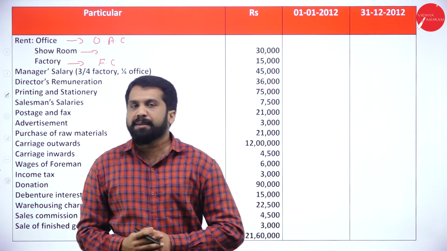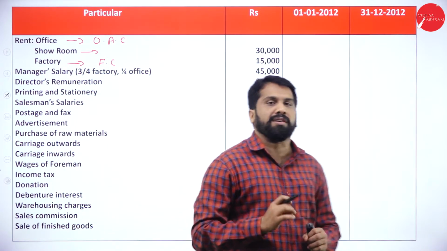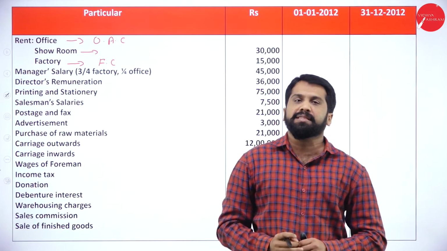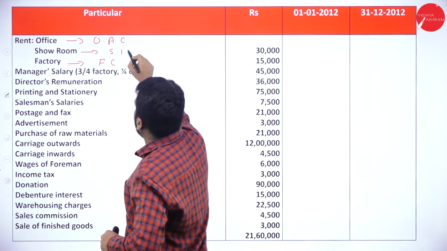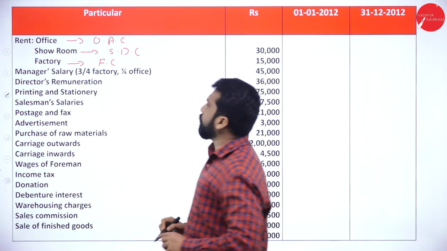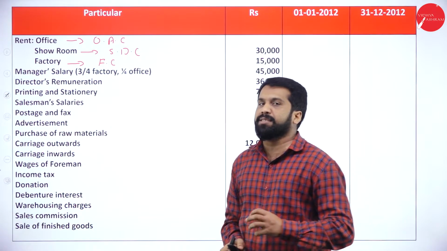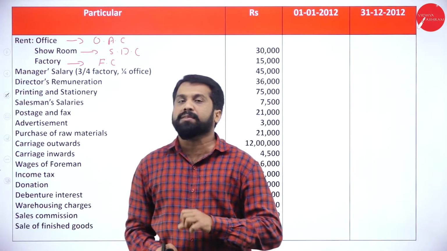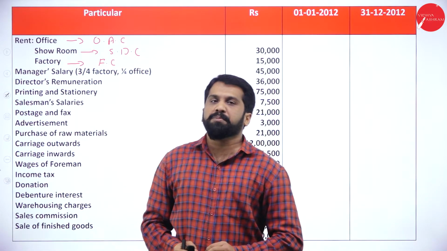To sell the products. So all these expenses should be considered as selling expenses. This will come under selling and distribution cost. Hope you understood. Like delivery van charges, showroom charges, godown charges, all come under selling and distribution.